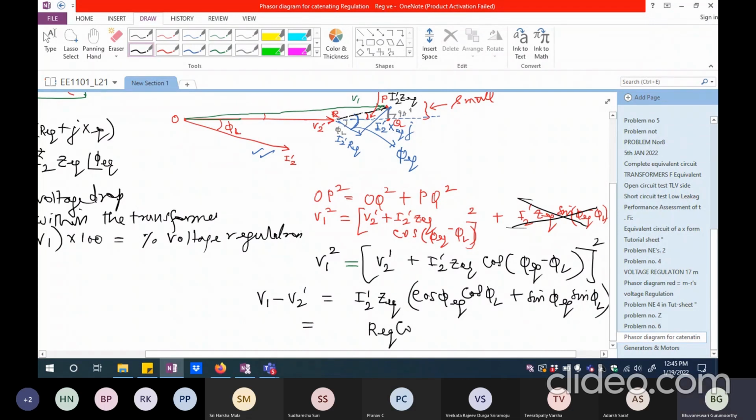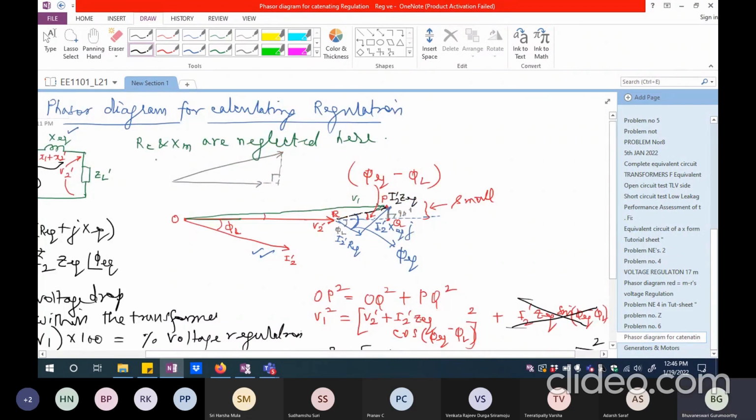So R equivalent cos phi L plus X equivalent sine phi L, multiplied by I2 dash. That is going to be the voltage drop. This divided by V1 gives me the regulation, and if I multiply that by 100, I'll get percentage regulation.